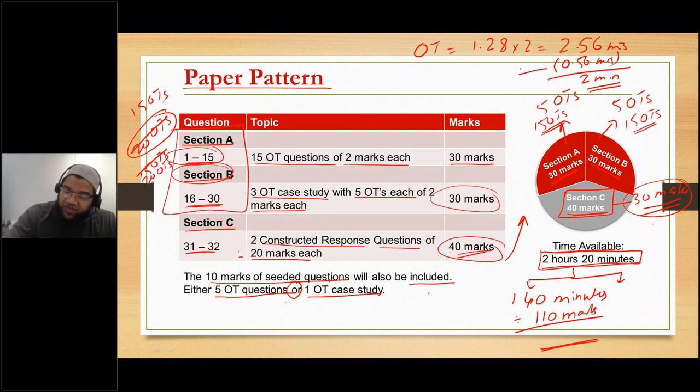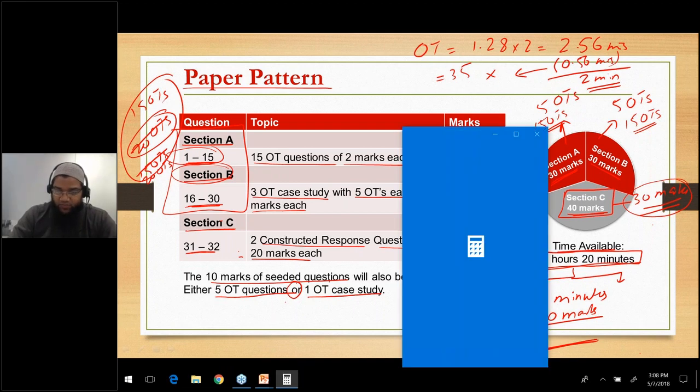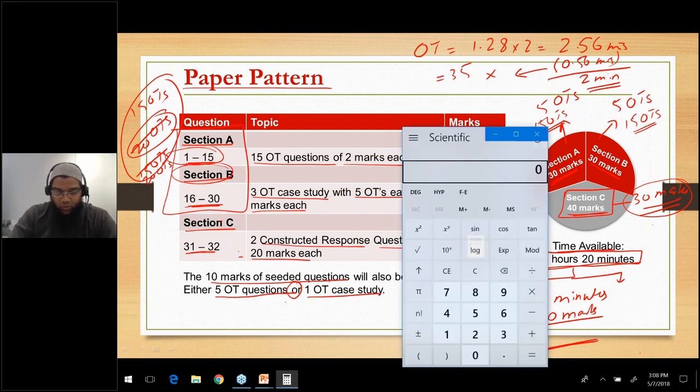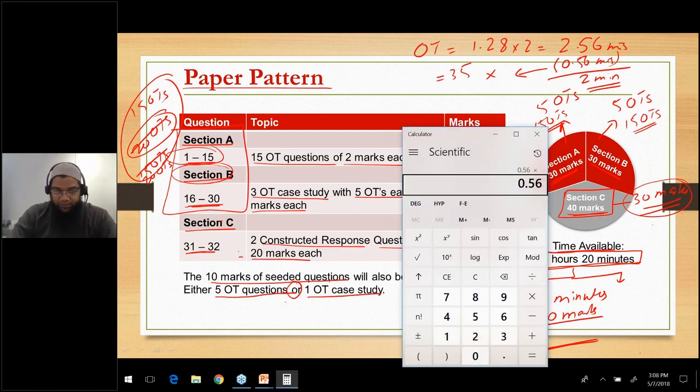The 0.56 into how many OTs will there be? 15 OTs and 20 OTs makes it 35. So you are going to save approximately 20 minutes from the OT questions.